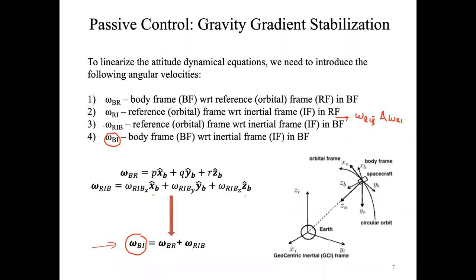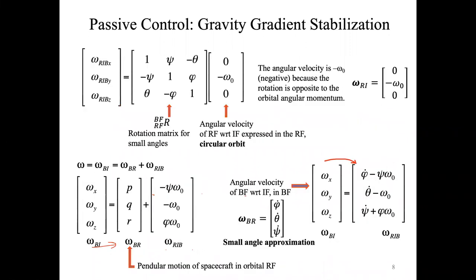And in this figure, you can see indeed the reference frame of the body, the orbital reference frame with a 0 subscript, and also the inertial reference frame. So yesterday we computed the angular velocity of the orbital reference frame.